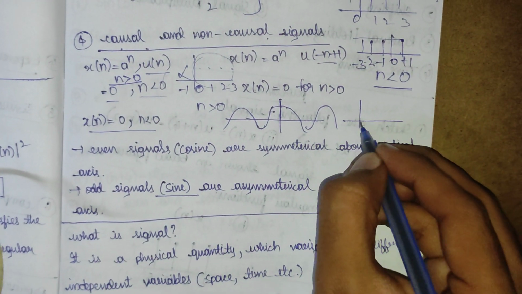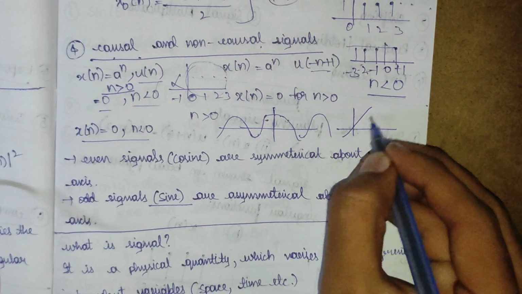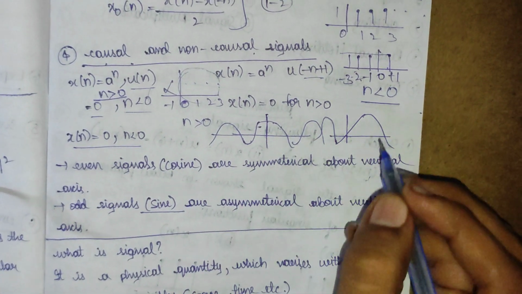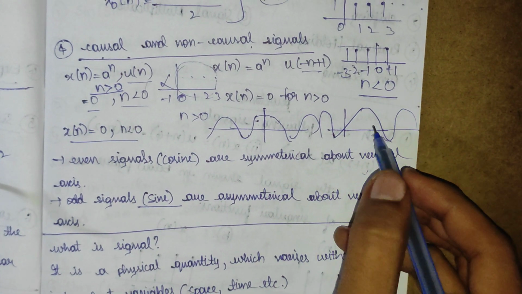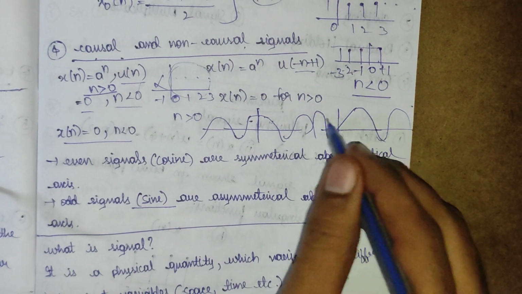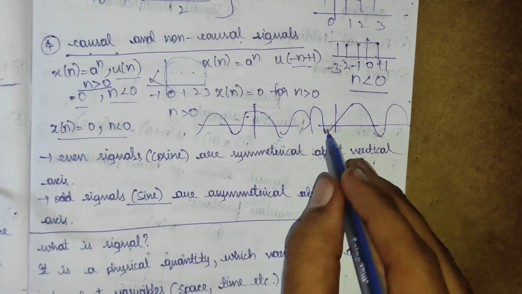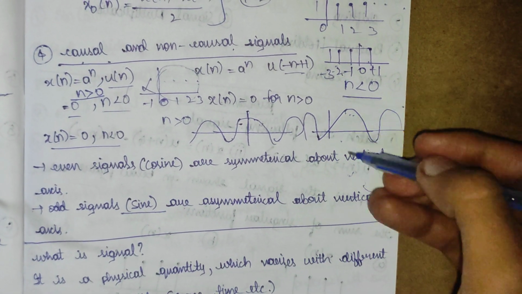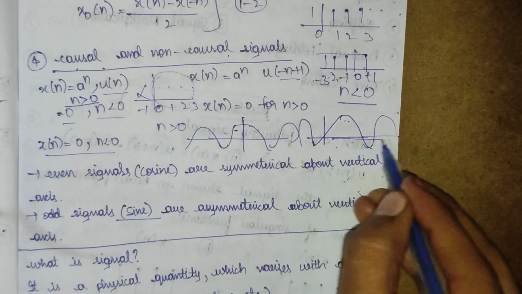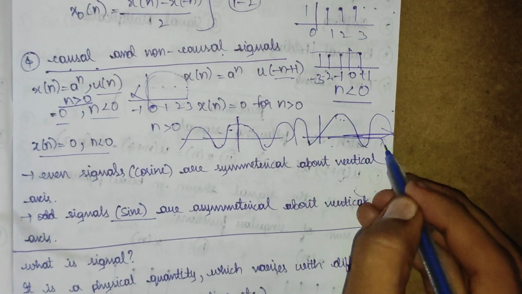They are given like this, sine 0 is 0, so like this they are represented. Okay, don't confuse, sine signals are represented from here. So they are asymmetrical about the vertical axis, and they are symmetrical about the horizontal axis. See, like this, up and down are the same. So they are symmetrical about the horizontal axis. The horizontal axis is this one, the time index axis.